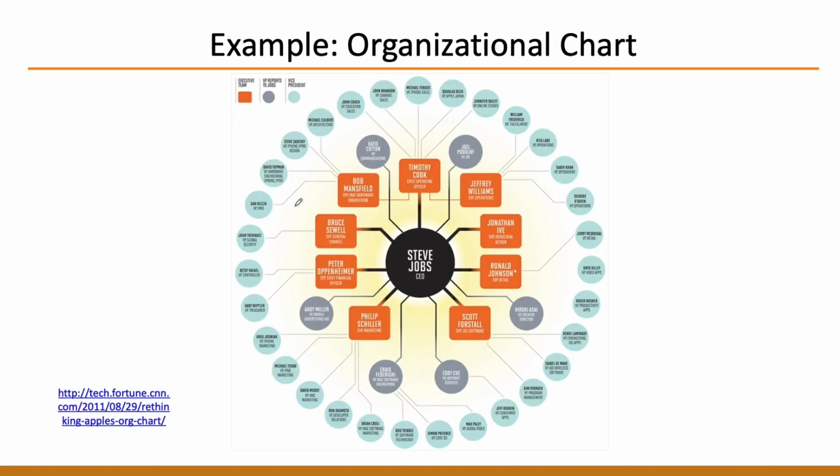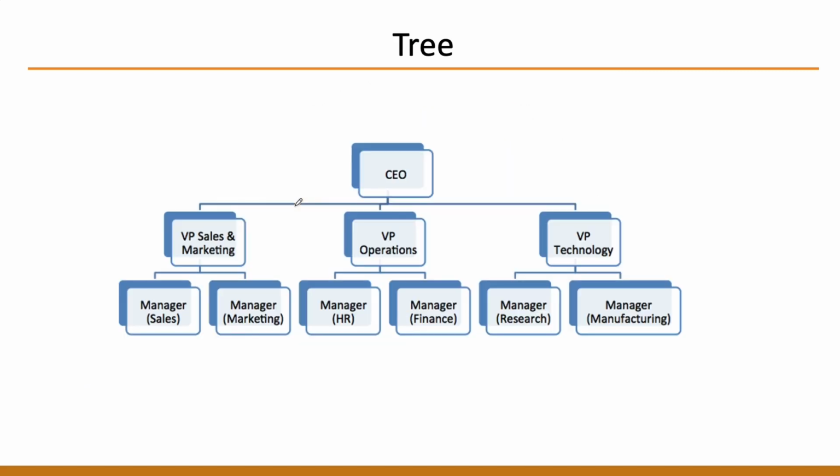Or you can use it to model the organization chart for any company as well. You can, for example, start with the CEO, which is usually what we call the root node, right? And progressively you can go down the layers, and then eventually, if you reach the lowest layer and you do not have any further nodes, these are what we call the leaf nodes. All right. So again, if you observe the structure, this is a very special type of relationship.